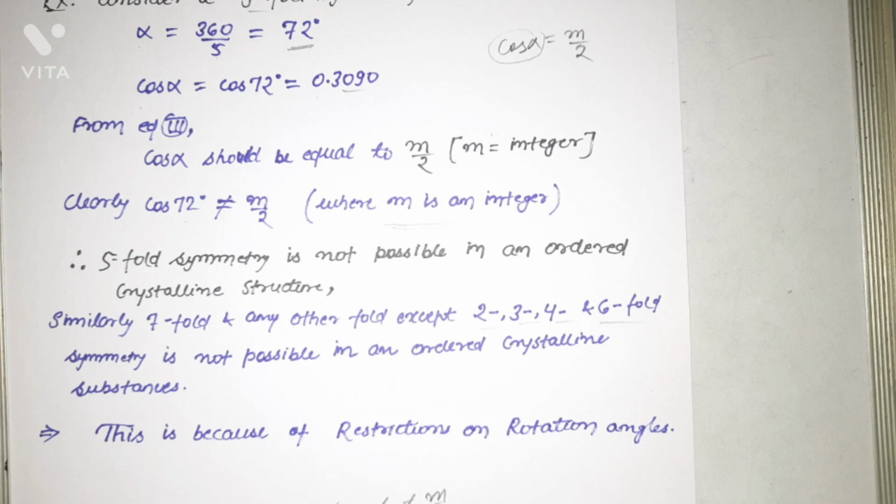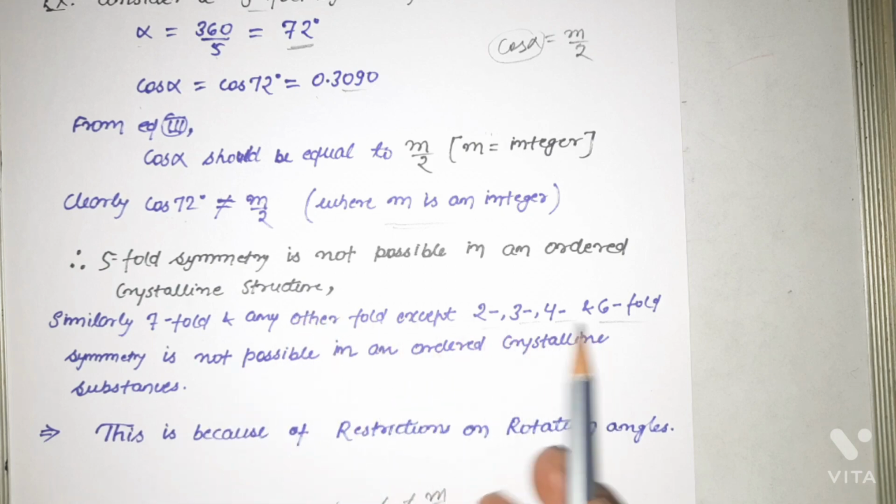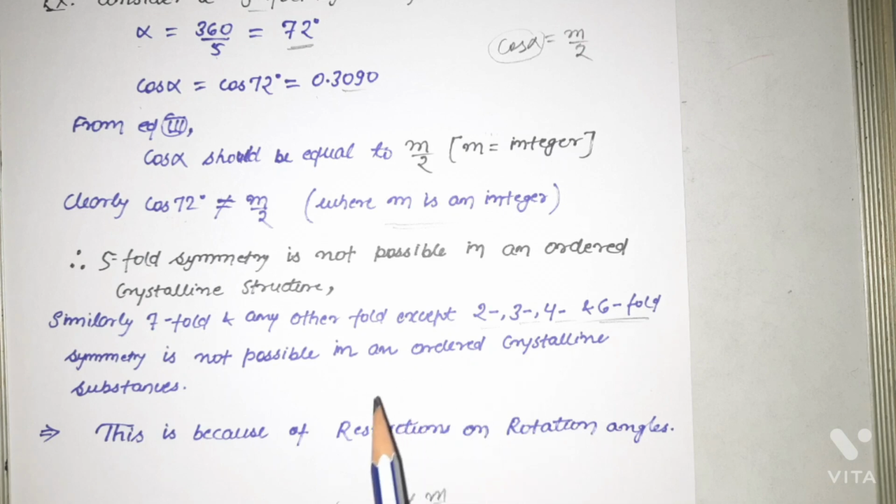For example, if you consider any flower or leaf, five-fold pentagonal symmetry can be possible where there is no ordered arrangement. But in crystalline substances, there is an ordered arrangement, there are symmetry elements, there is translation, there is rotation angle. So with all these things, five-fold or seven-fold symmetry, or anything other than 2, 3, 4 and 6-fold symmetry, is not possible. This is because of restrictions on the rotation angle.